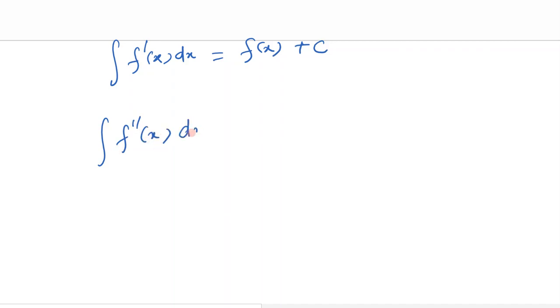So far we just discussed that if we have a first order differential equation, with a first order derivative in the equation, we get f(x) plus some constant. But what if you have a second order differential equation, so a second derivative? In this case, if you integrate it once, you're going to get f prime(x) plus c1 as your answer. But then you have to take the integral of this equation again.